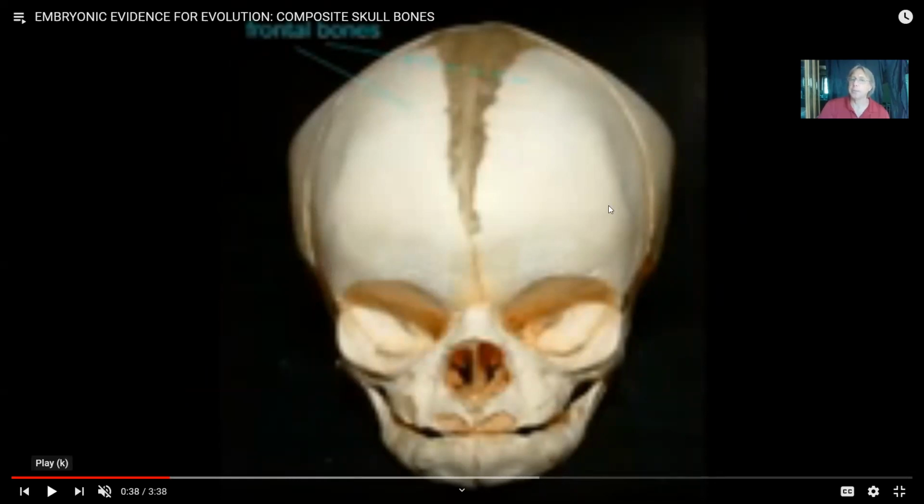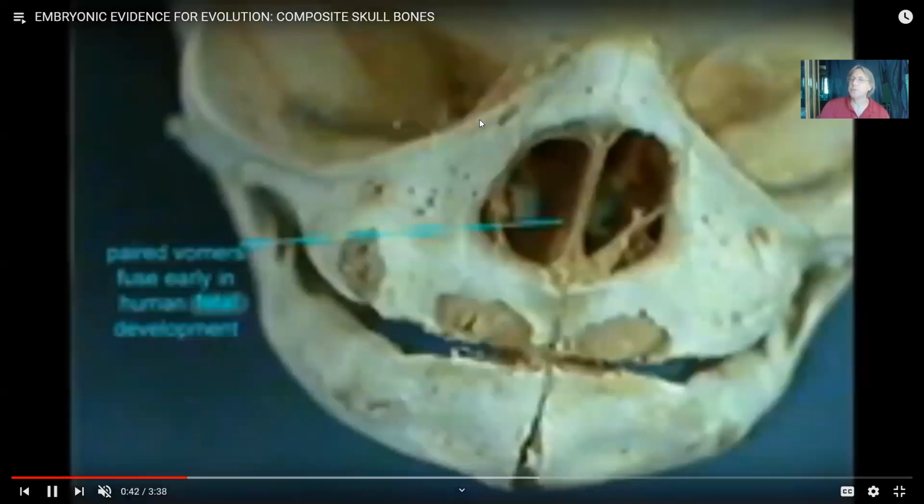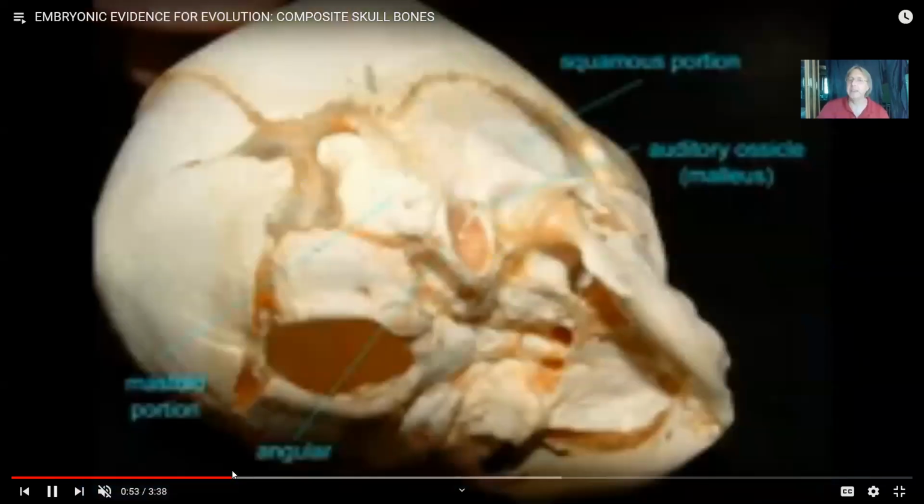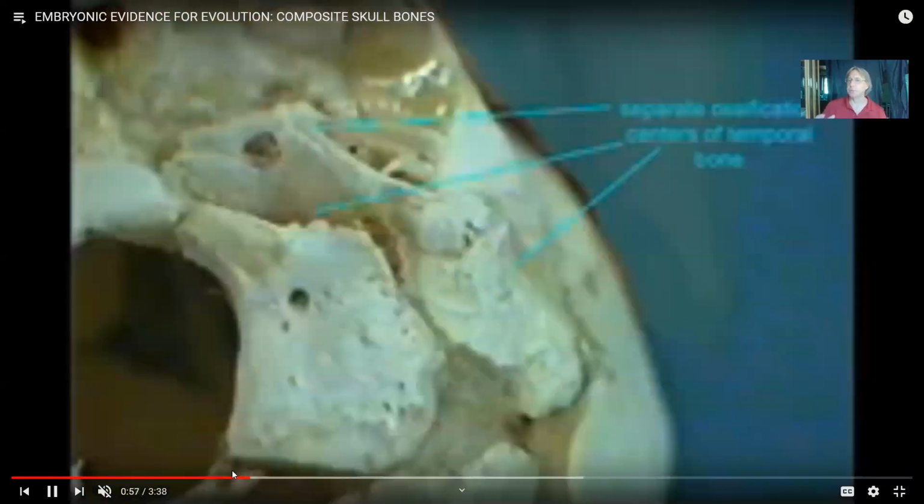So human embryos have two frontal bones, two vomers, two halves of the mandible, just as did more primitive organisms. The incisors were held in a premaxillary bone, which would then fuse to the maxillary. The single temporal bone or the single occipital bone is in human embryos represented by separate ossification centers which fuse.